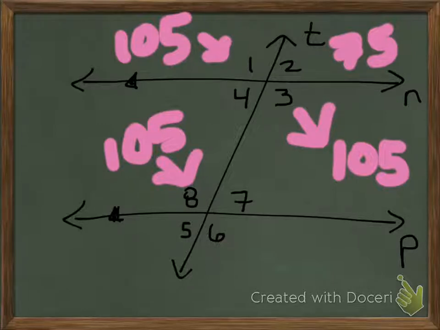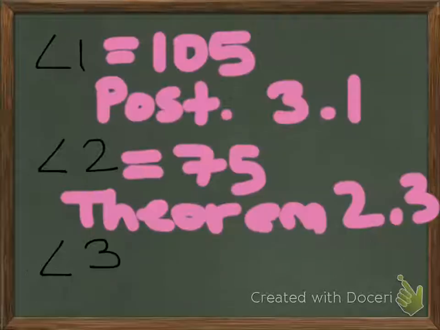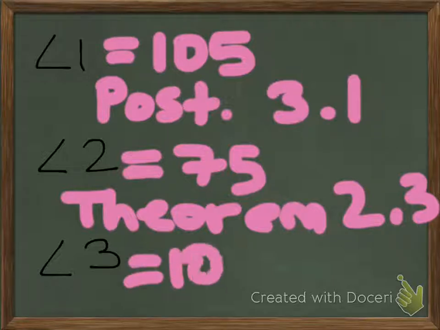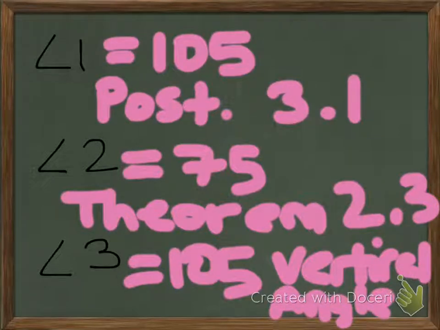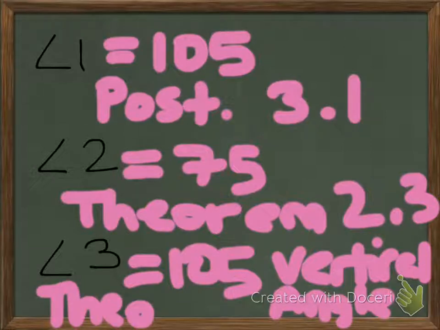So you would be using either the vertical angle theorem for your explanation to make that 105, or the supplement theorem. You could list either one. I'll list the vertical angle theorem since we already used theorem 2.3.